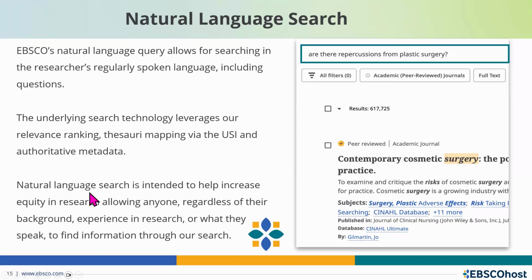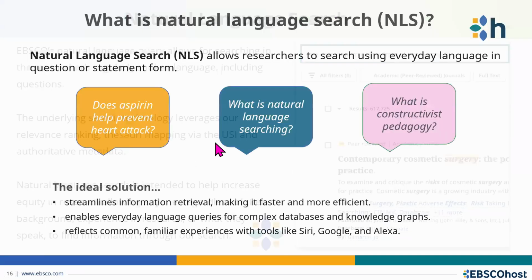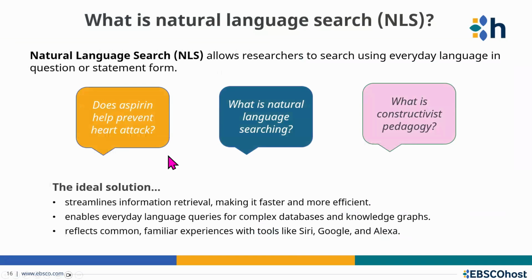And one of the benefits of it is that it's intended to help increase equity in research. So if you're used to using dictation on your phone, Siri, that type of thing, this might be useful to you. But as you'll see, if you're needing to reproduce your research, I'd still be constructing that search specifically using the database itself. But again, it's a great point for starting your research.